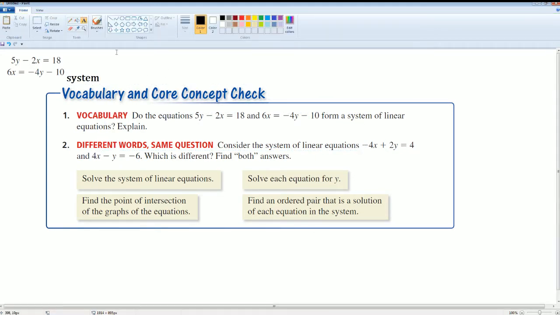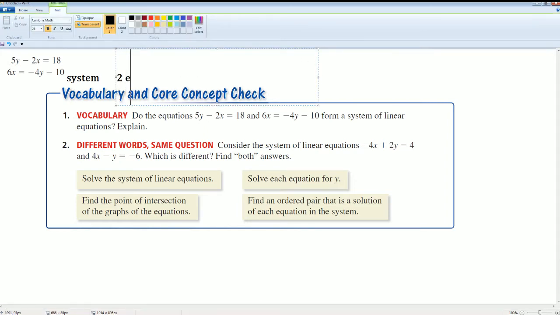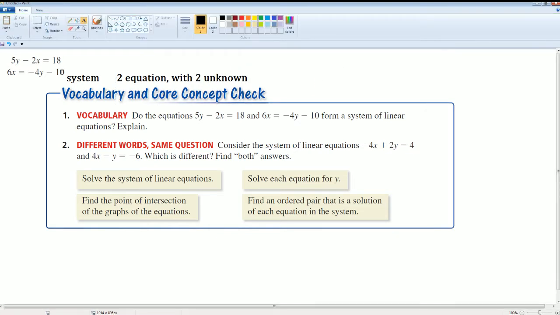First of all, there are two equations with two unknowns. Here are your two equations. They both have two unknowns, an x and a y. There's also a constant there. So we will say yes, this is a system of linear equations.